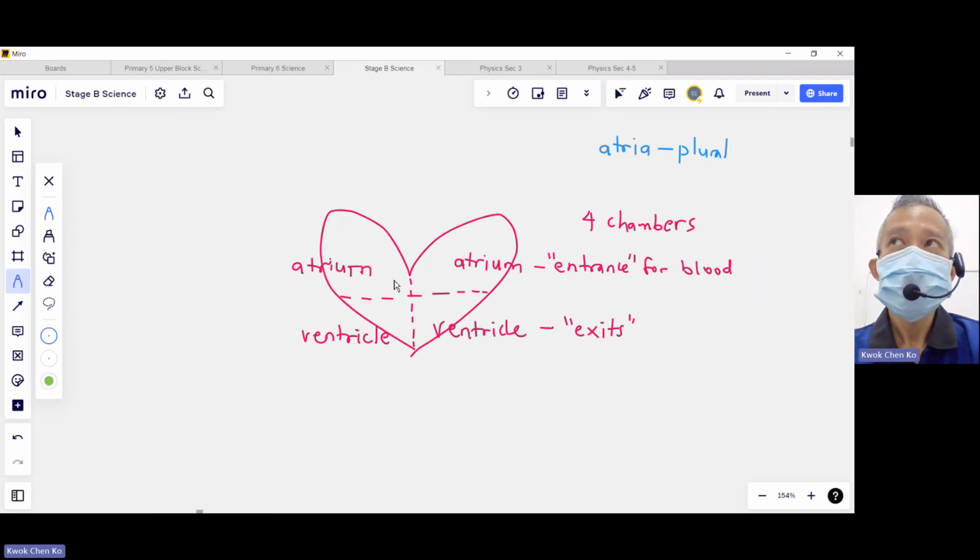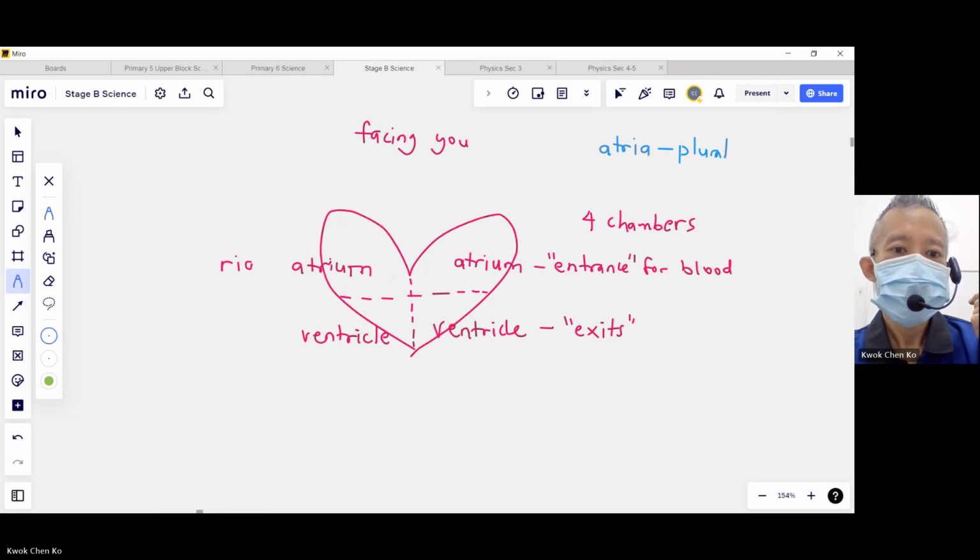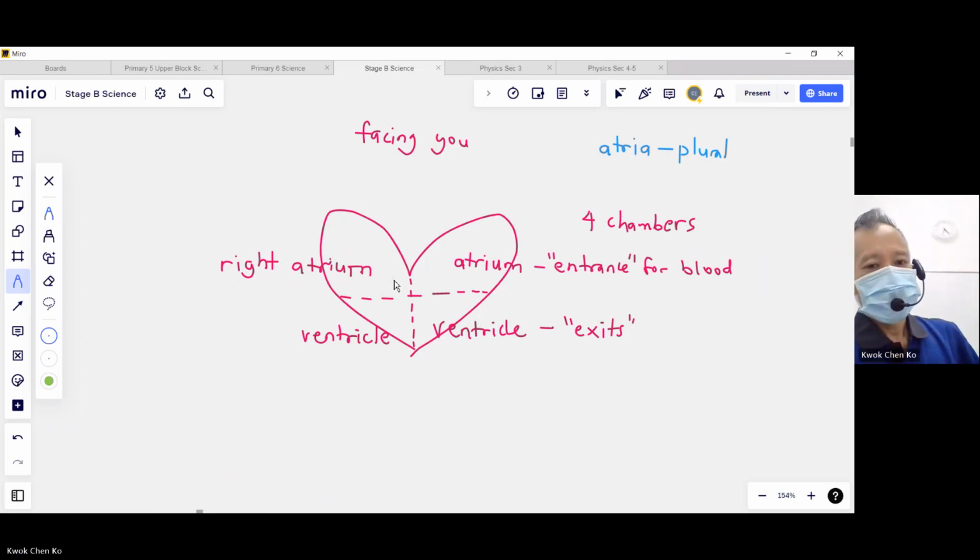One other very, very important thing. This heart is looking at you. This person is facing you. You're not examining your own heart. That person is facing you, which also means this is the right side. This is important. By default, when you see a heart diagram, that person is facing you.